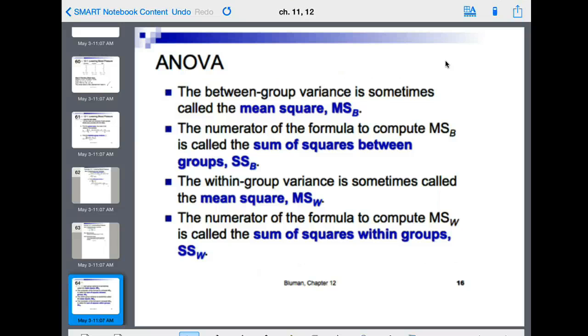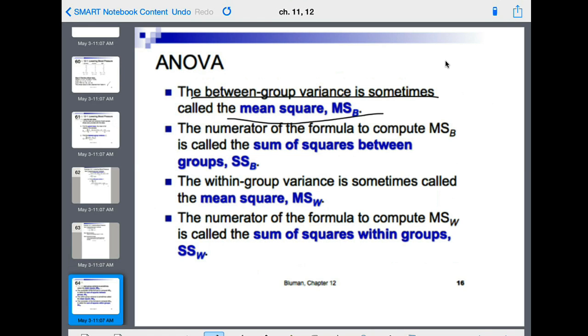The between group variance, there's a couple of things I want to point out. The between group variance is sometimes called the mean square between. The numerator of the formula to compute the mean square is called the sum of the squares between groups, the SSB. The within group variance is sometimes called the mean square within.